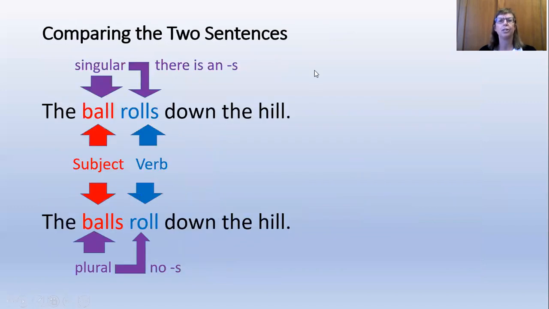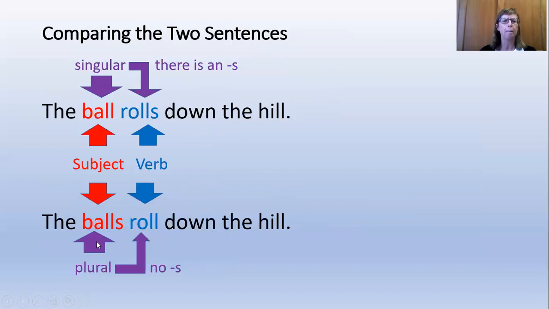This is a bit of a busy slide, but let's have a look at what this means when we compare the two sentences. The singular sentence, the ball rolls down the hill, has a singular subject and the verb has an S on the end. In our plural, the balls roll down the hill.